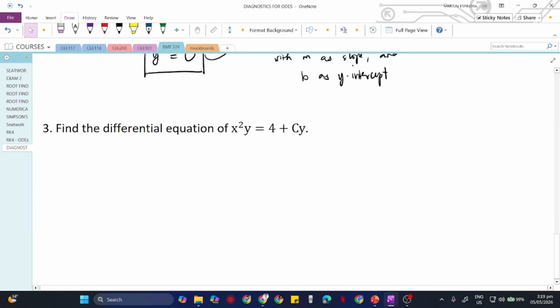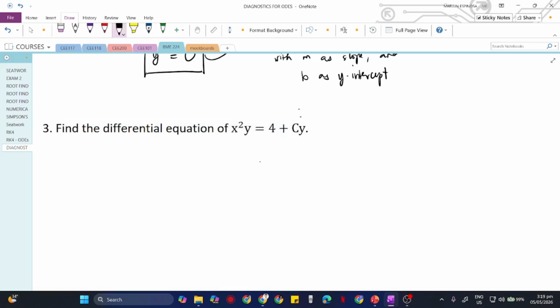So in here, how many constants do we have? The c and the 4. Our target is to eliminate the value of c. We should not have a differential equation with c, although it can have 4, as long as it is a numerical value.